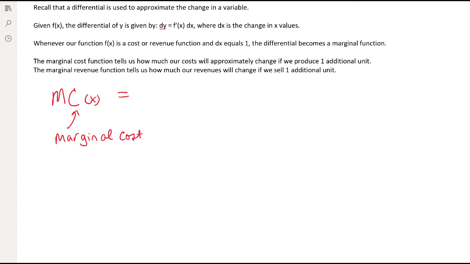If we're given the cost function, we take the derivative of the cost function and multiply it by dx. Since we're dealing with a marginal cost, dx is going to equal 1. So marginal cost is c prime of x times 1, which is just c prime of x. The marginal cost is simply the derivative of your cost function.